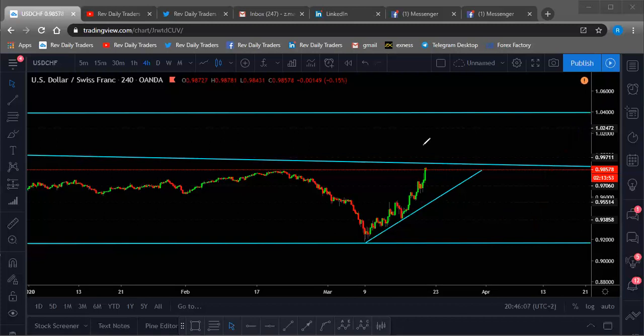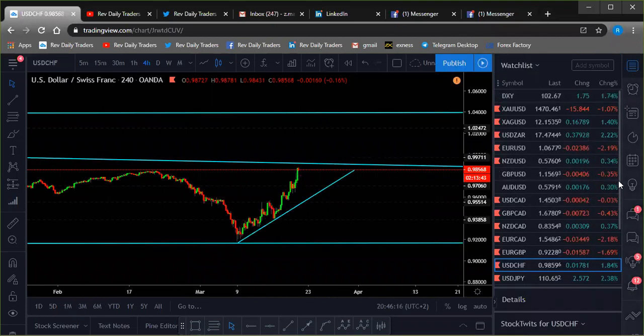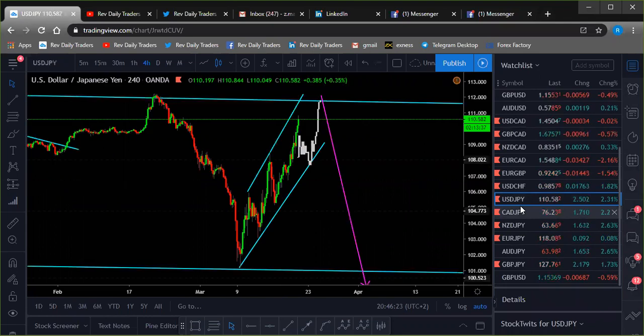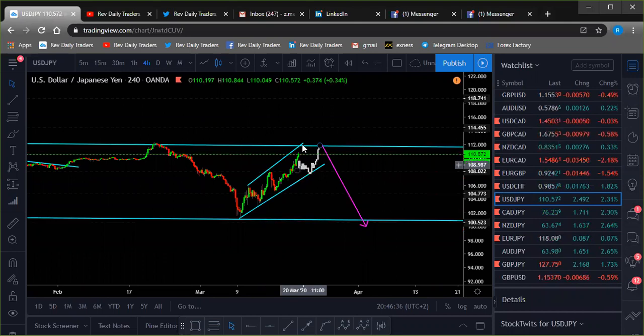Okay, guys, so we're going to move to our next currency pair. Is dollar yen. A dollar yen, what we are expecting here, we're expecting a correction on our published view here, okay, for us to test this low, this high.